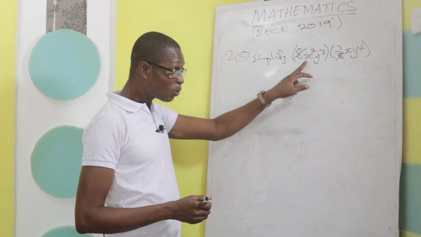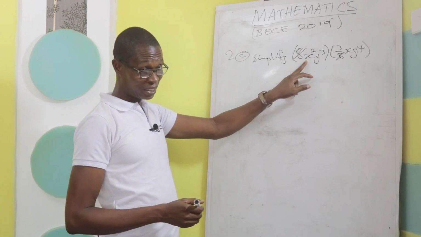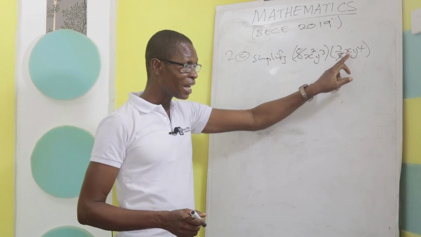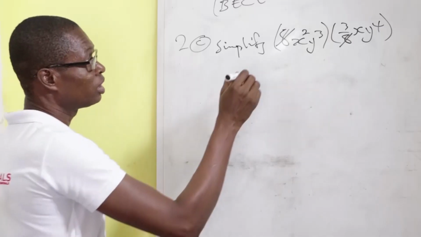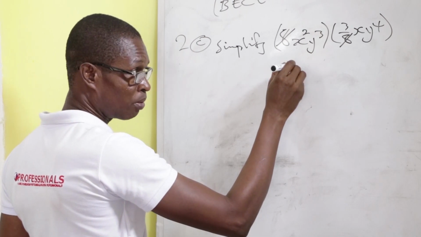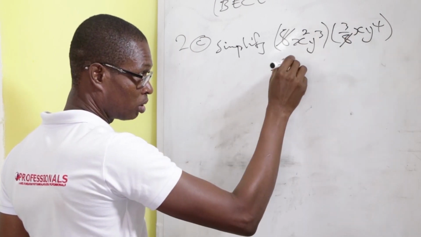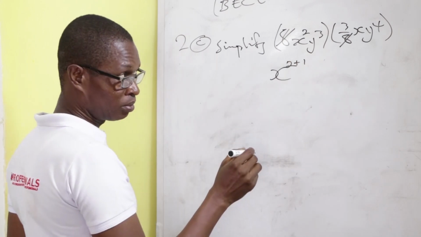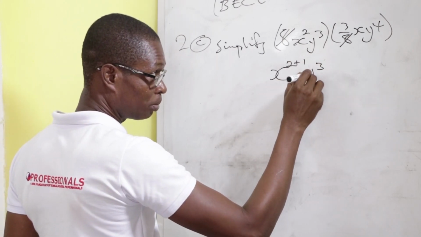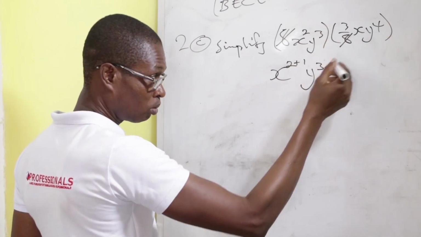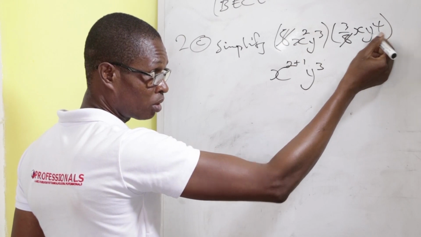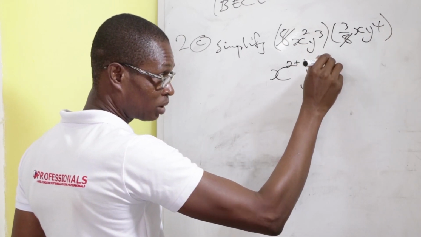And this x squared, like I said, the bracket means multiplication. So meaning x squared is multiplying x. So what exponent do you have? That is x to the power 2 plus 1. And then y also, y cubed is multiplying y to the power 4. So you add plus 4.